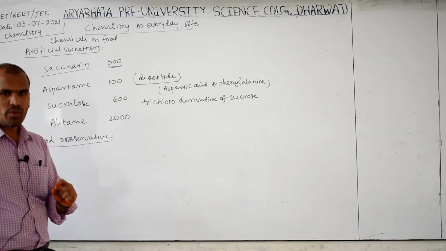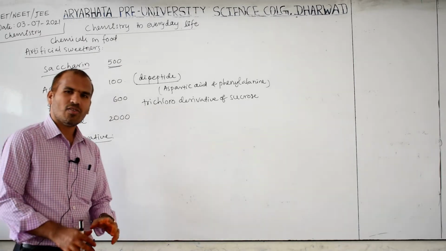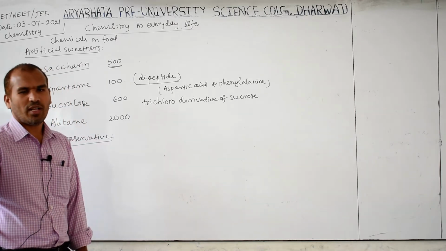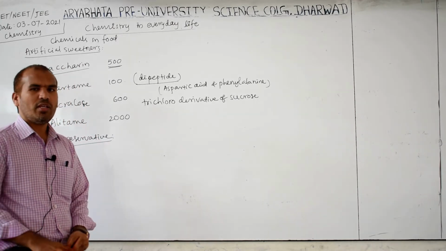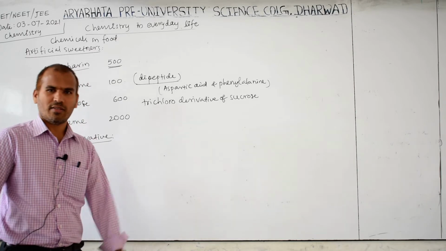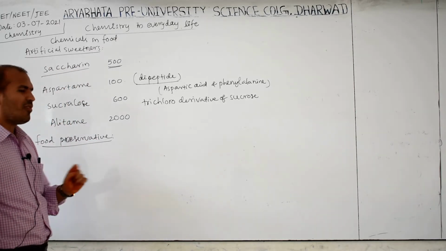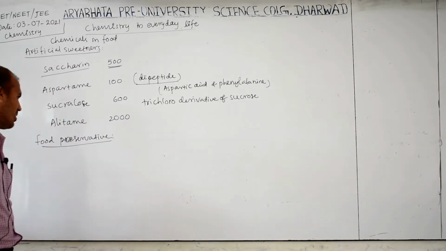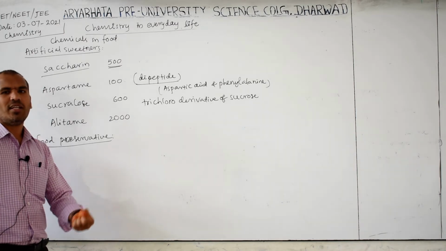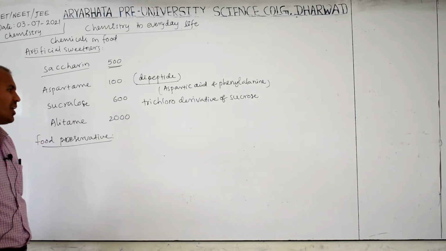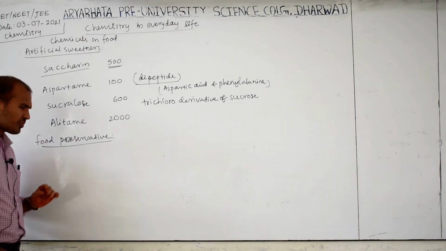Actually, honey is one of the only substances not spoiled for a long time, up to 50 years, 100 years also. That much purity will be there and it does not spoil easily. That's why you can take at least a little bit in your diet. That is very important.